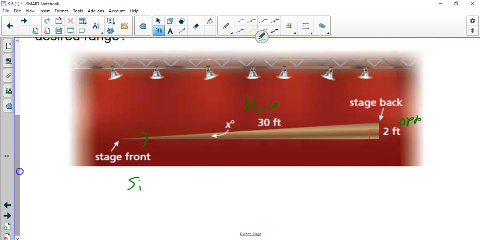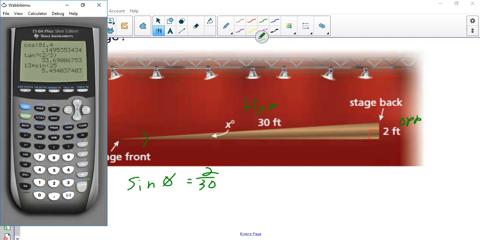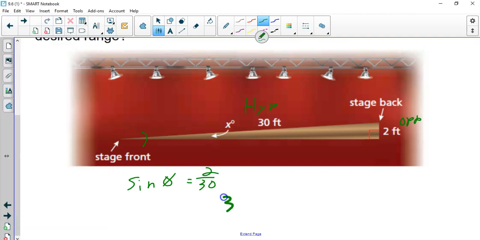So the sine of this unknown angle, which I'm trying to find, is 2 over 30. So I take my calculator, I do inverse sine, 2 divided by 30, and I get 3.8 degrees. And that is the degree measurement right here. Very small angle. And that's it.